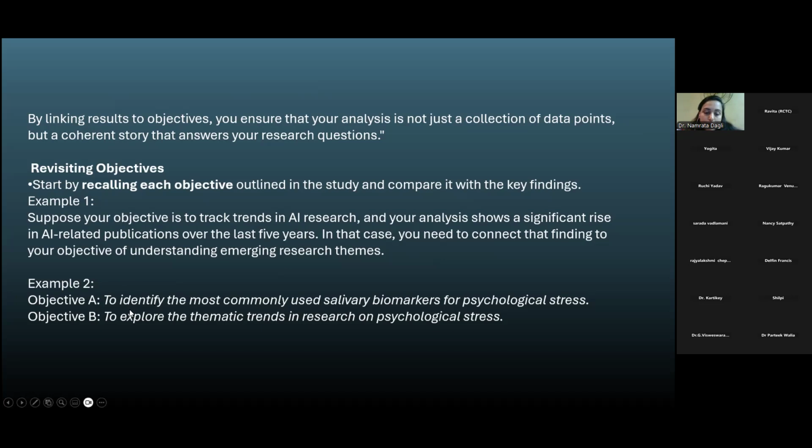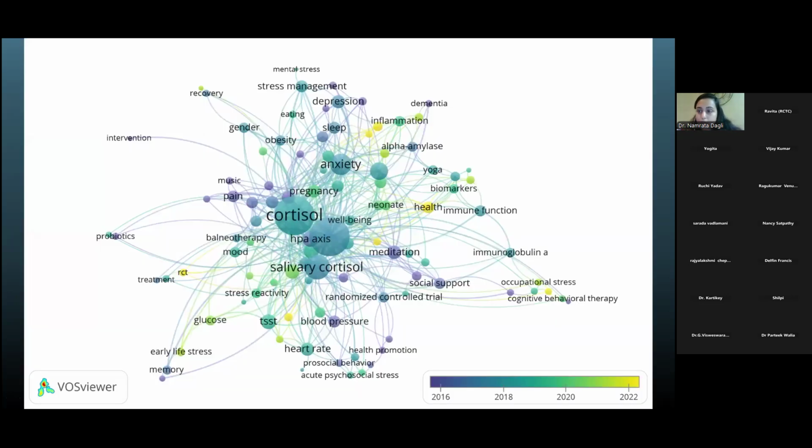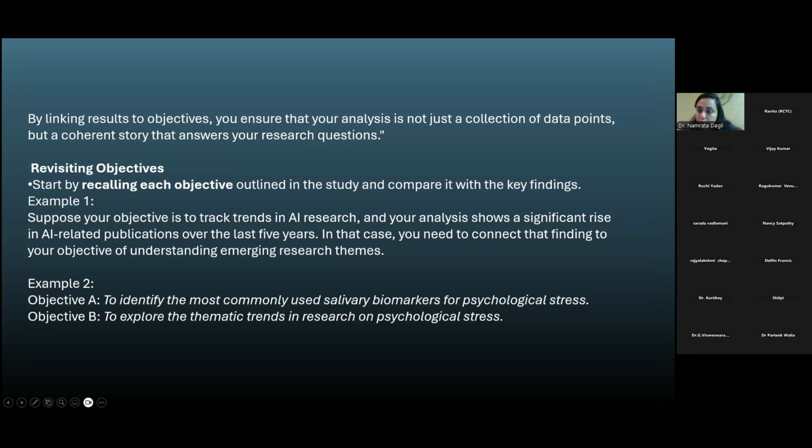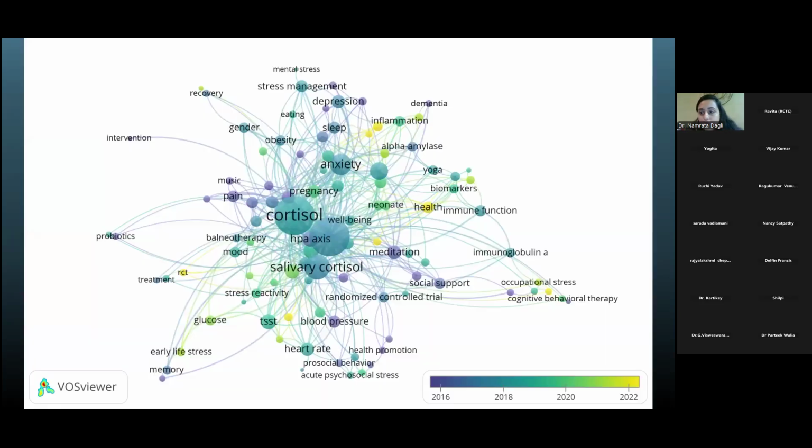Let me show you one figure. Look at this graph. Now I'm going back to my objectives. My objective can be to identify the most commonly used biomarkers for psychological stress. This graph shows co-occurrence of keywords in publications on psychological stress.